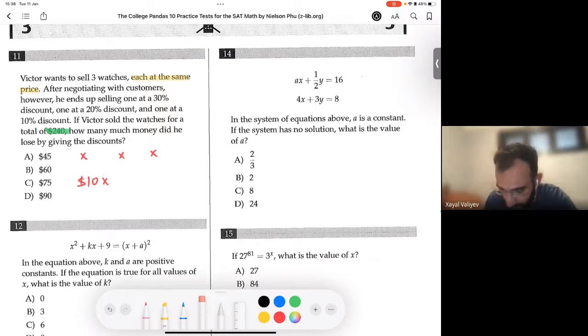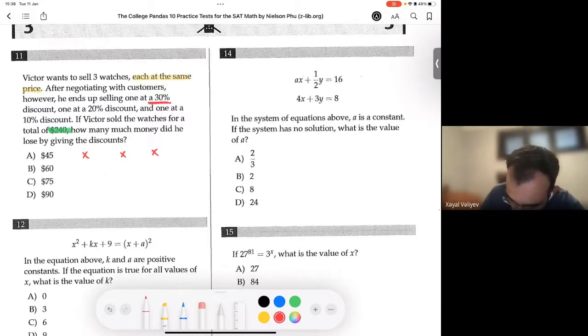If the price is x dollars and I'm selling it at 30% discount, I'm actually selling it at 70%. 70% as a decimal is 0.7.